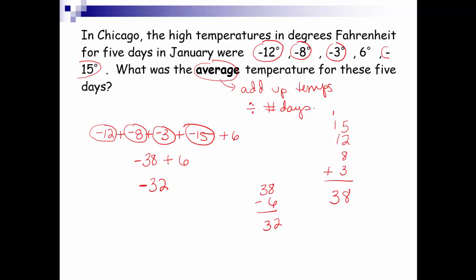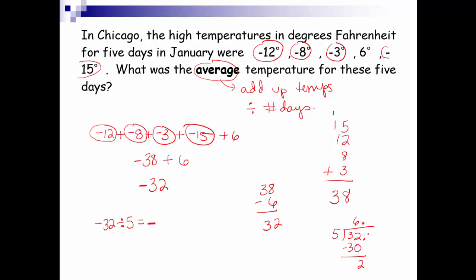But what we then need to do to find the average is divide by the number of days, divide by 5 days. So we're going to do negative 32 divided by 5. First of all, a negative divided by a positive is a negative. Now I have to do 32 divided by 5. I'm going to long divide off to the side, some more scrap work. 5 goes into 32 6 times. 6 times 5 is 30.